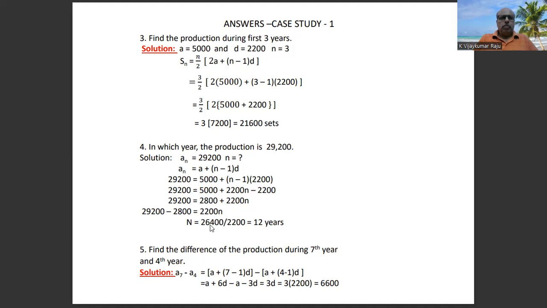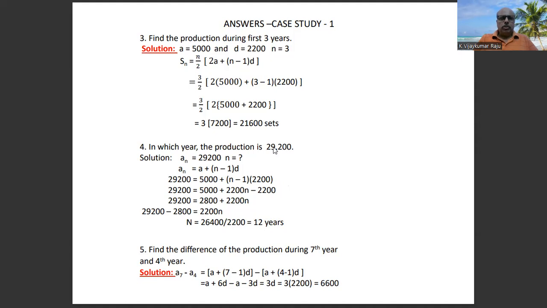So n is equal to 26,400 divided by 2,200, that is 12 years. On the 12th year, the production was 29,200. So on the 12th year, from the year of start, the production goes to 29,200.